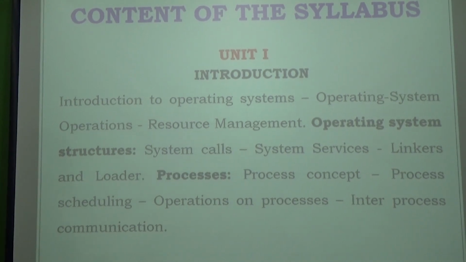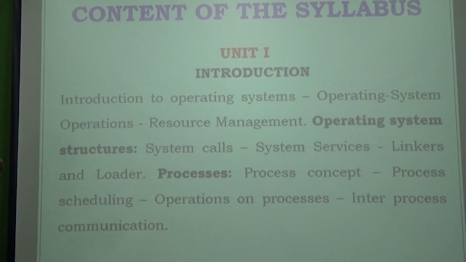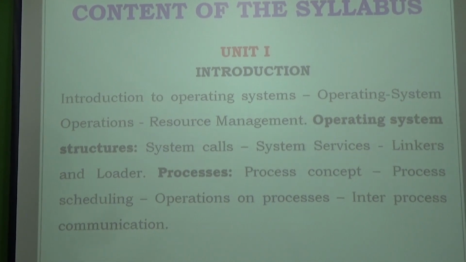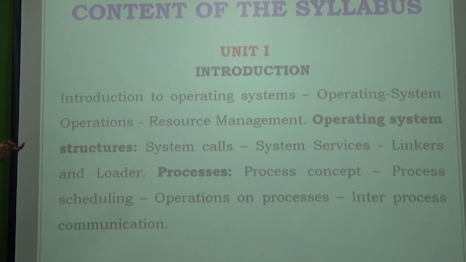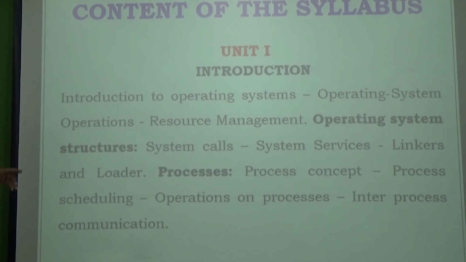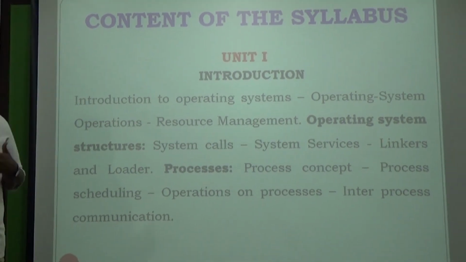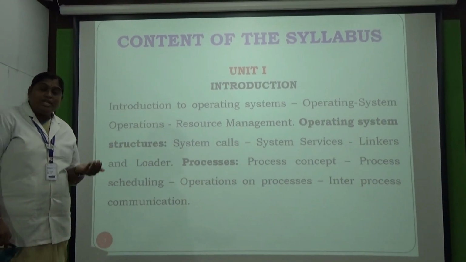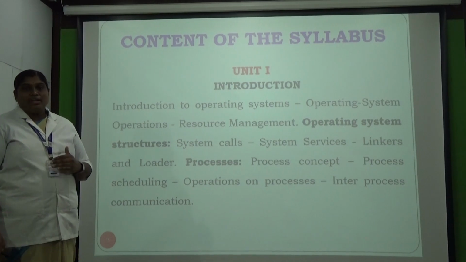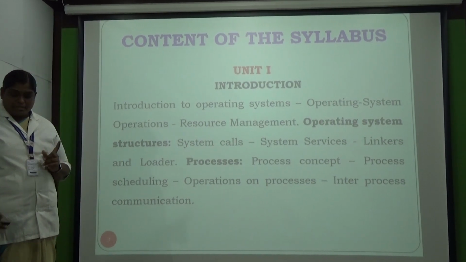The next segment is processes. In processes, we are going to discuss the concept, process scheduling, operations of a process, and how inter-process communication works. These are all the contents of the syllabus which we are going to see in the introduction part of an operating system in the first unit.